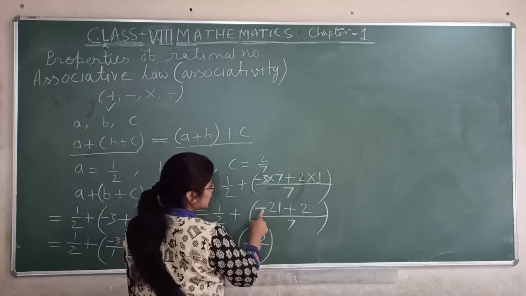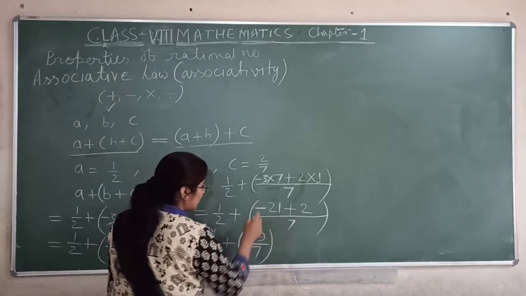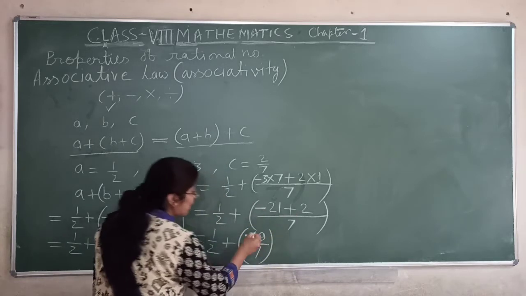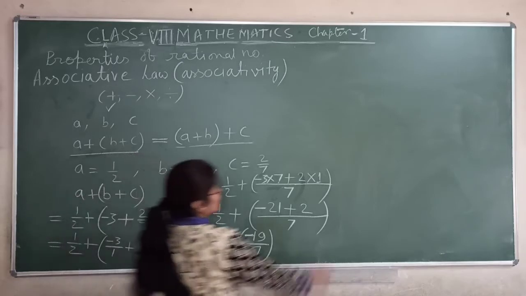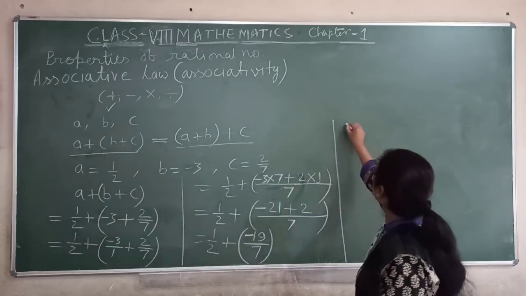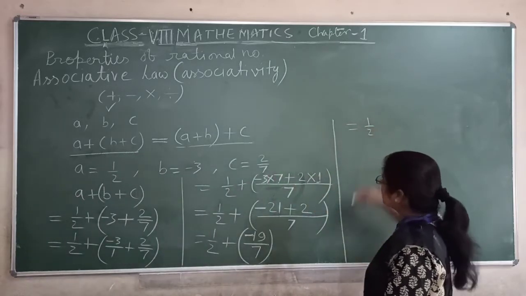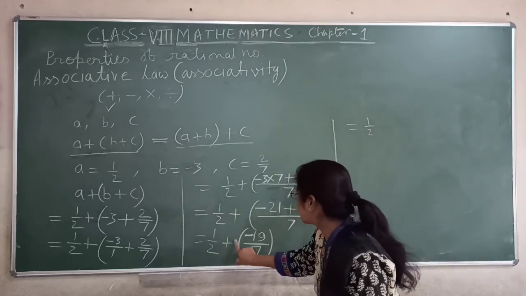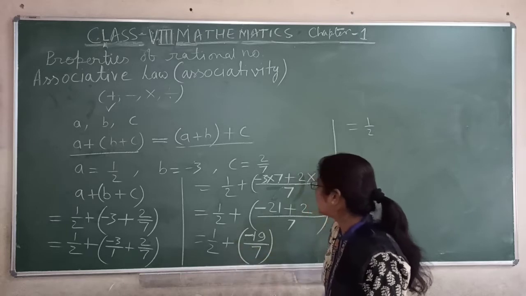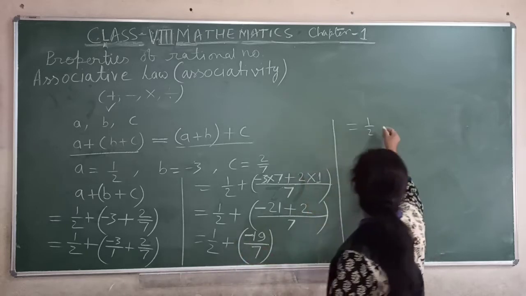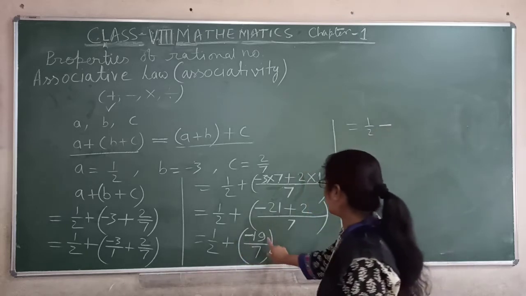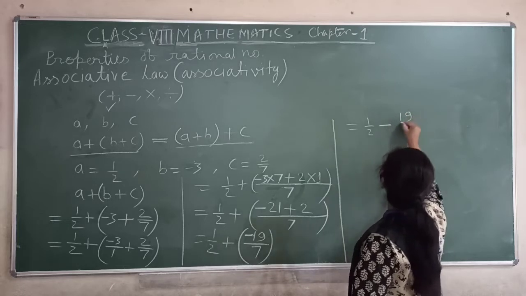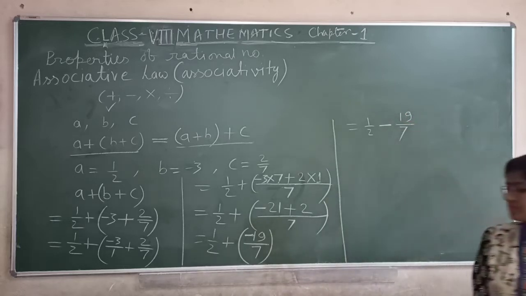But this is negative and this is positive, so the sign of the greater number applies, so here will be a minus sign. Then 1 upon 2. Now look, within the bracket you have minus, outside you have plus. Bracket means multiply, plus into minus will be minus, and 19 upon 7.